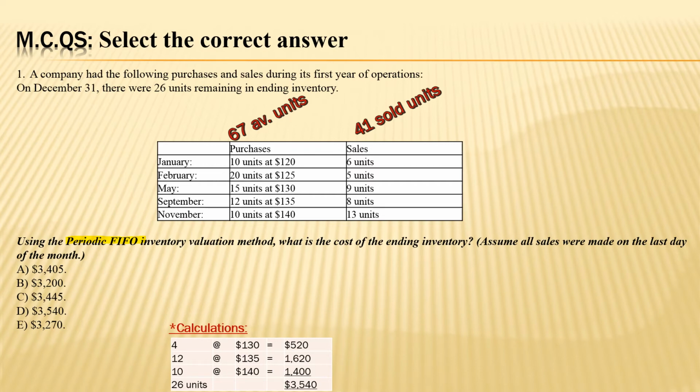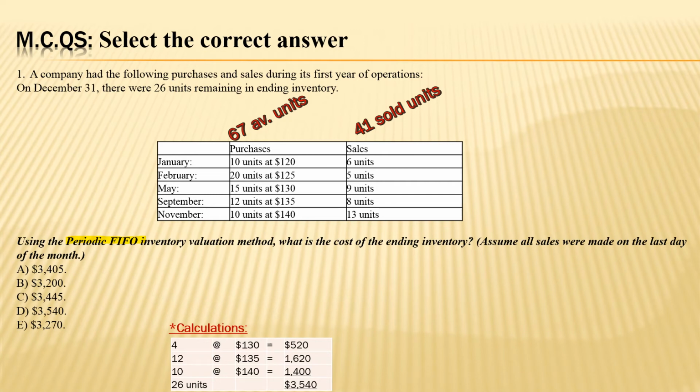Because if I want to see how many units were sold, there were 41 units. Since I'm using FIFO, I will take them as 10 units at $120, then 20 units at $125. The remaining 11 units I'm going to take from the 15 units in May at $130 per unit.